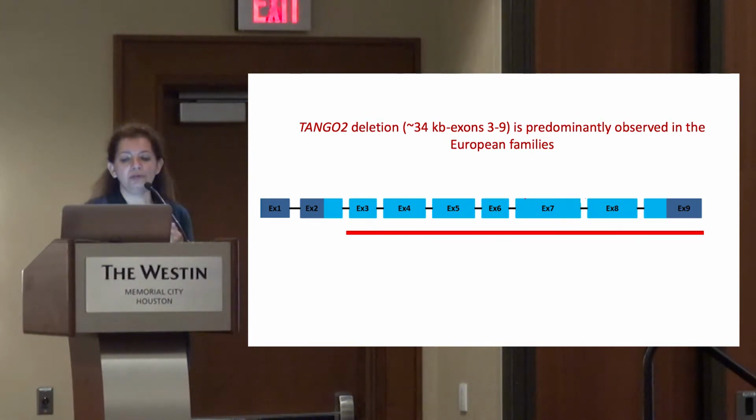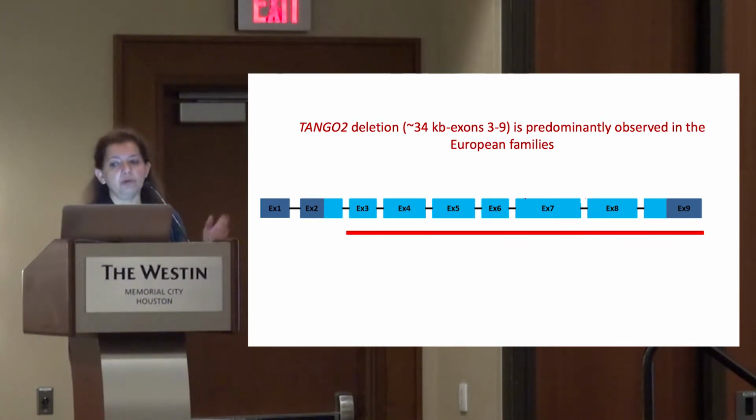Now, all of a sudden you have a deletion, and guess what? The protein is not completely made because you have a deletion from exon 3 to exon 9. The protein starts to be made, and it's like, oh, what happened? And it just disappears. So the protein is not there. This is a common deletion we see in the European families.